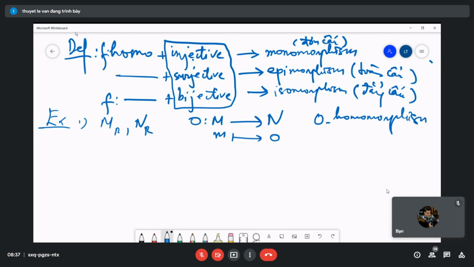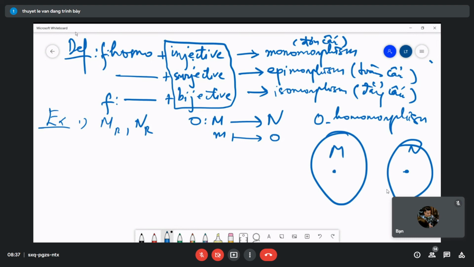From M to N, but all of M goes to 0. For example, M here, N here, and here is the 0 of N. Here is the 0 of M. And all of M I send to 0 here.